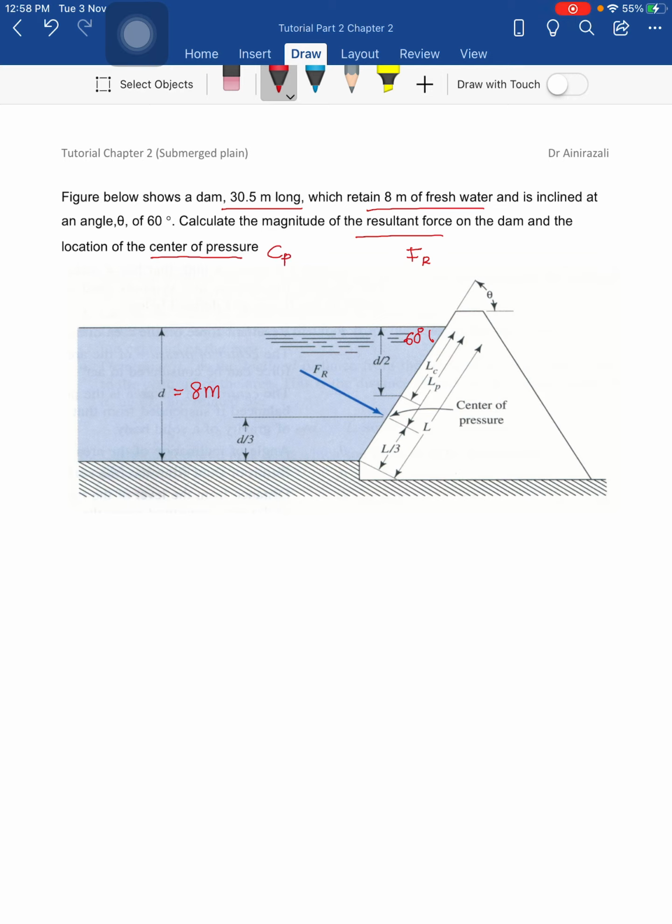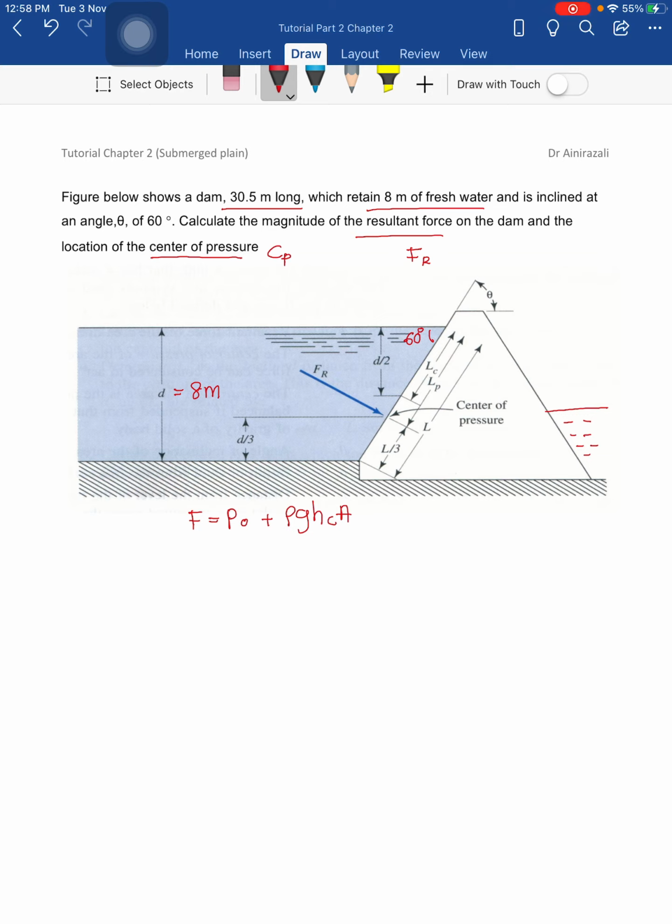As I mentioned in the class, the first equation is F equals P naught plus rho g h centroid area. For this case, on this side we also have water, because it is a dam.